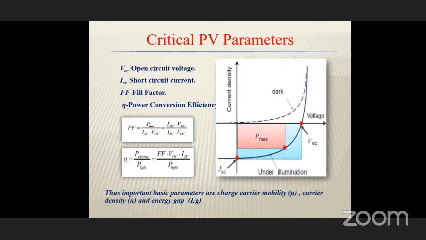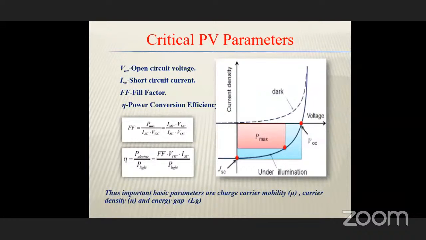That means the product of VOC, ISC and fill factor defines the maximum efficiency of the solar cell. So we have to improve the product of VOC, ISC and fill factor to improve the efficiency of the solar cell.